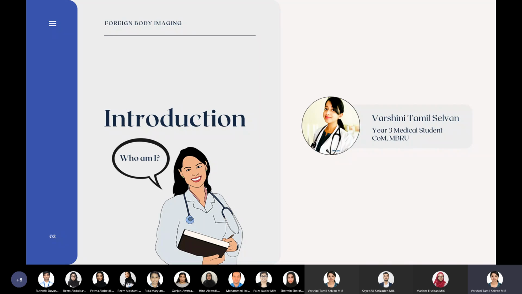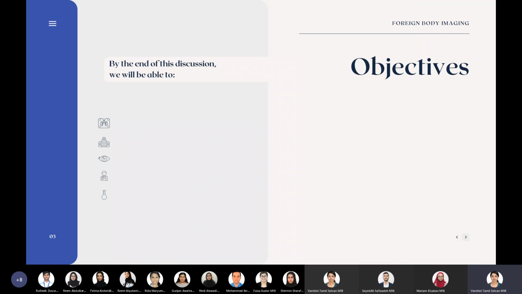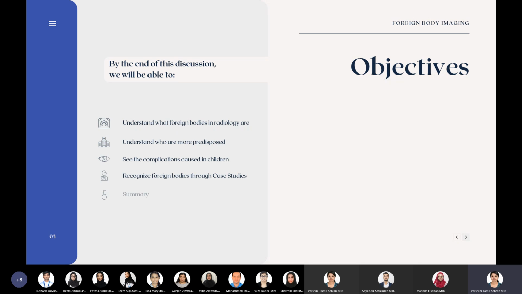Today's presentation will be focused more on the pediatric population, and I hope you all enjoy. So by the end of today's discussion, we will be able to understand what foreign bodies in radiology are, understand who are more predisposed, see the complications caused in children, and we can recognize foreign bodies through case studies, as well as look at the summary.